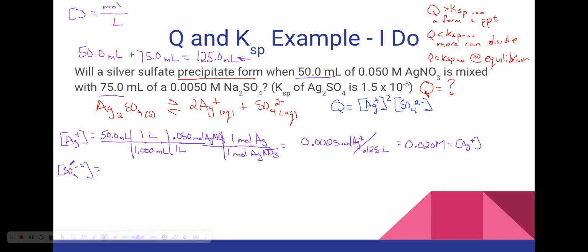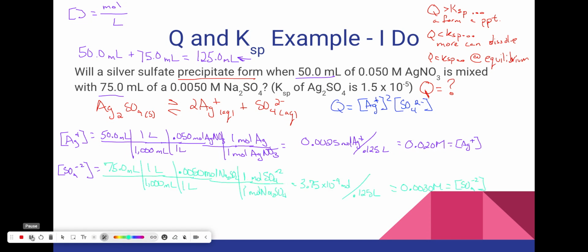Now, guys, I'm going to do the exact same math for sulfate, except that I'm going to pause the video and the math is going to appear. Alrighty, so as you can see, in order to find the concentration of my sulfate ion, you now see the stoichiometry. You'll notice that I started with 75 milliliters, and the moles of sodium sulfate is different because, of course, it's a different volume and molarity as per the question.